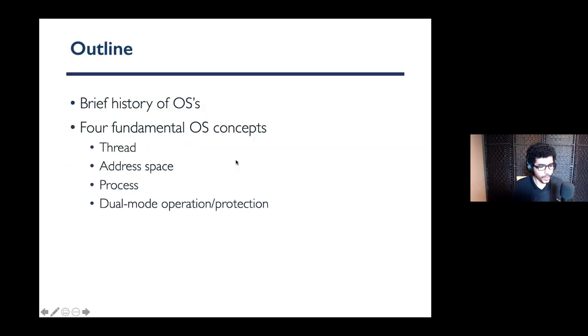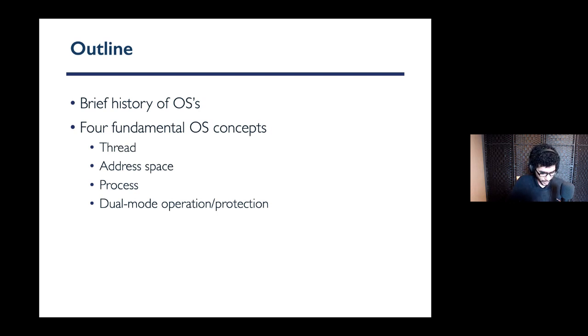So let's keep going. Let's start lecture 2. This is the outline. We're going to talk about a brief history of operating systems. I might actually skip over this part, since I've put a bunch of videos online that talk about the history of some of these operating systems.